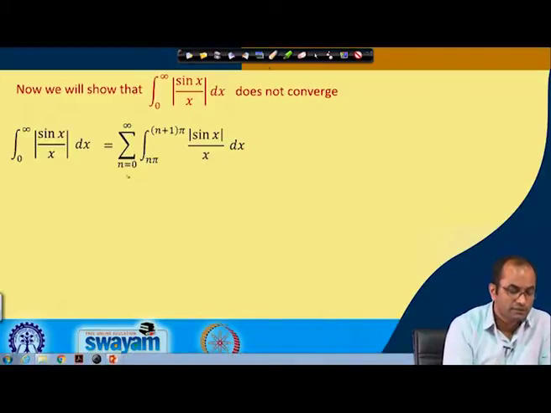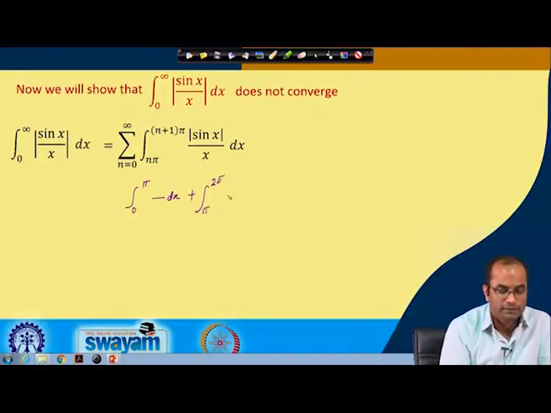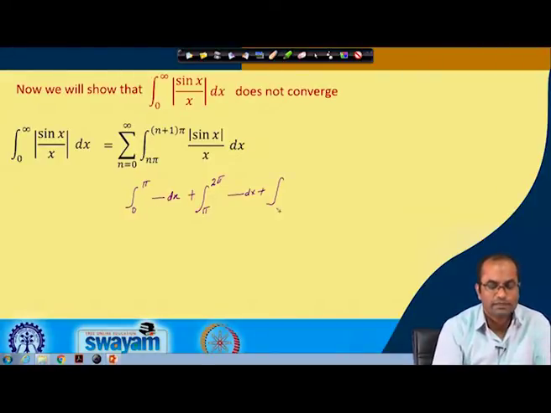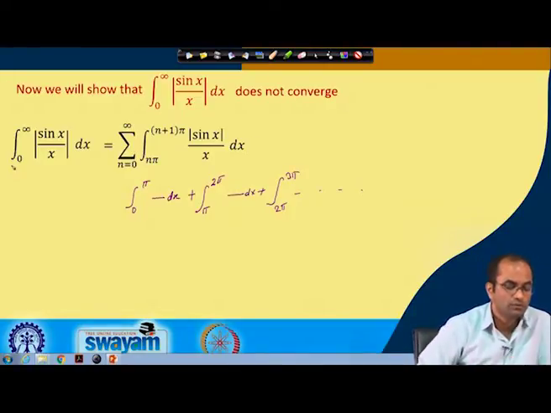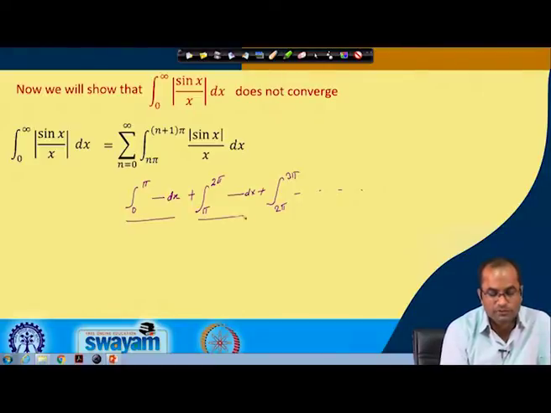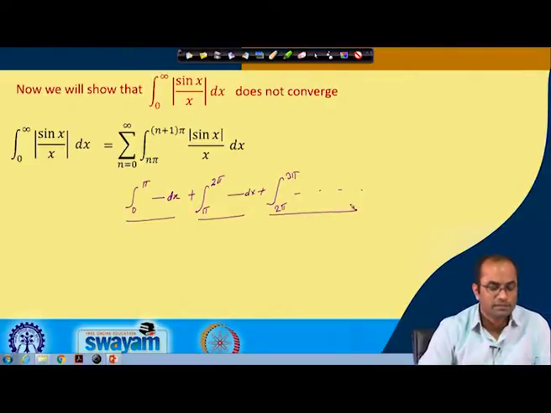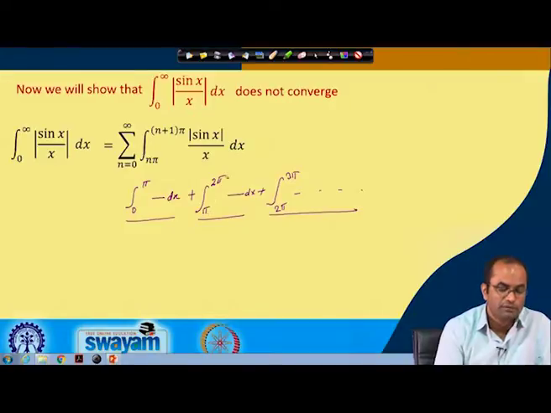So we have broken it here, like n is equal to 0, going from 0 to pi; then n is equal to 1, that means pi to 2 pi, and so on. We have taken 0 to pi, pi to 2 pi, and then 2 pi to 3 pi, and so on. So this integral from 0 to infinity we have broken into several small segments, which we have written in this summation form.